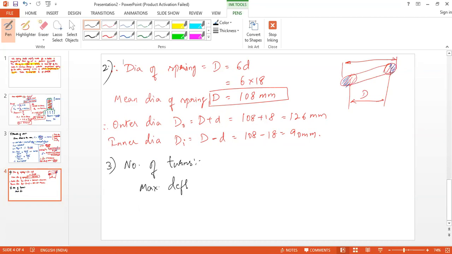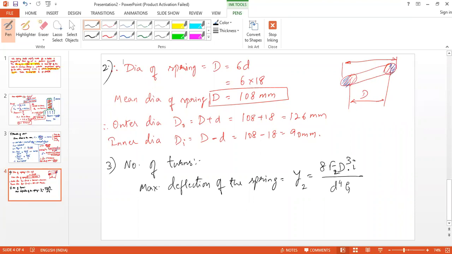Maximum deflection of the spring is given by y equal to 8 F D cube i by d to the power 4 G. Here, whether it is y1 or y2, and F is F1 or F2, this should be y2 and this should be F2.